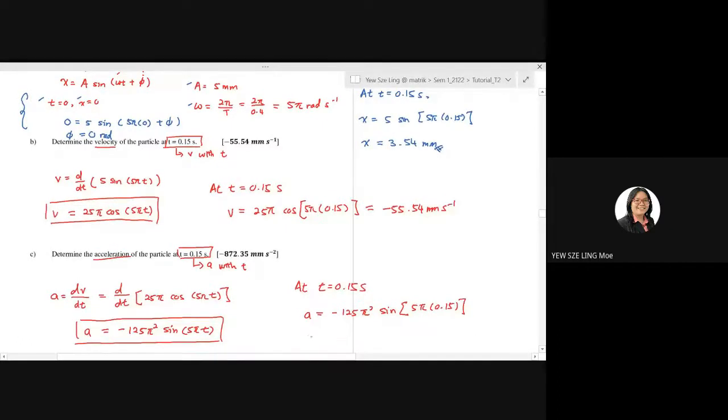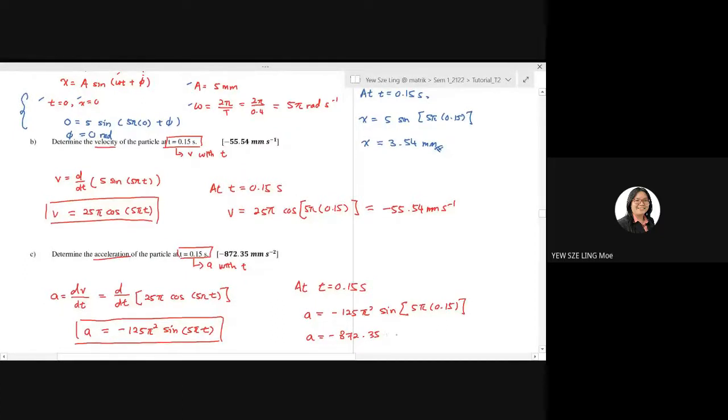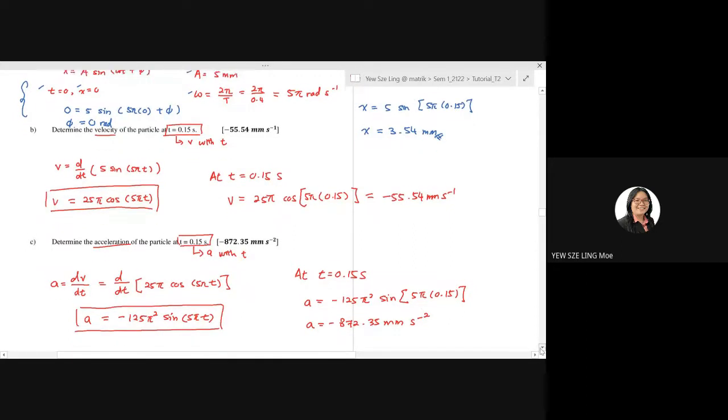So A is then equal to negative 2.35 mm s negative 2. So this is how you solve questions B and C.